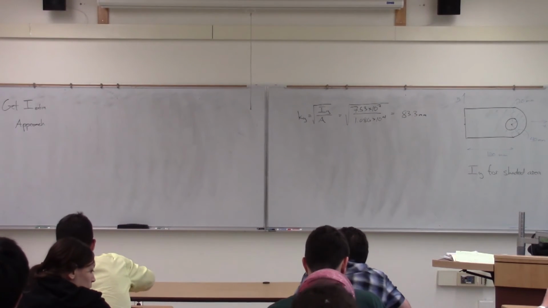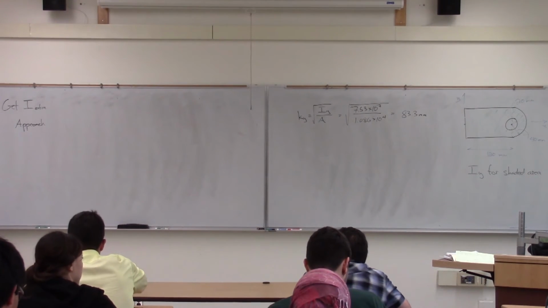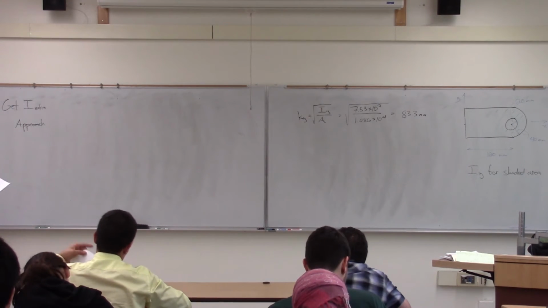Well, in order to use the parallel axis theorem, I'm going to have to find the centroid of this particular section and then calculate the moment of inertia about it.